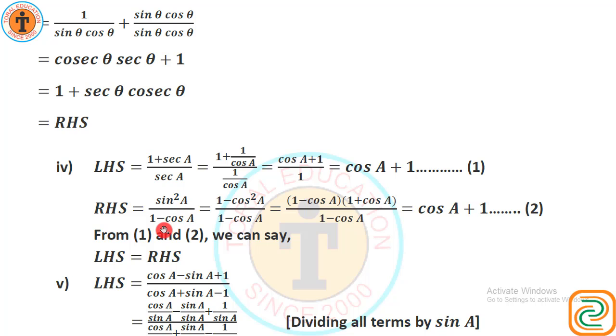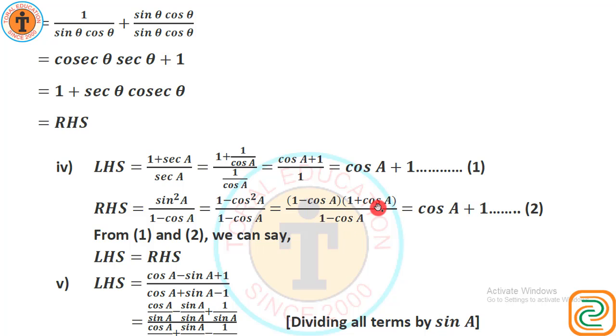Similarly, sin square A upon 1 minus cos A. What is here? Sin square A means 1 minus cos square A. This is our formula identity. 1 minus cos square A upon 1 minus cos A. We can convert them into A minus B, A plus B. So A minus B means 1 minus cos A. A plus B means 1 plus cos A. So 1 minus cos A and 1 minus cos A cut off.